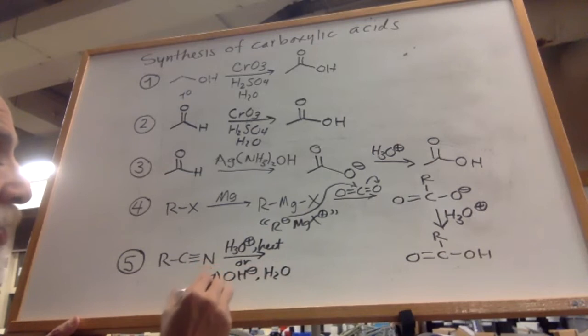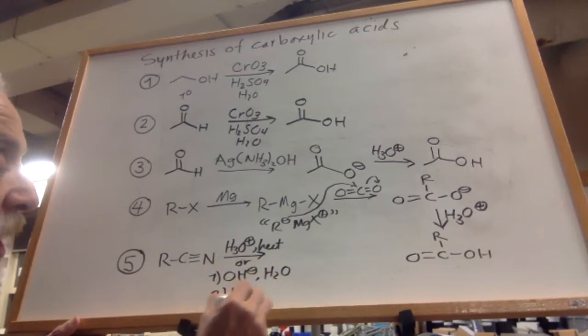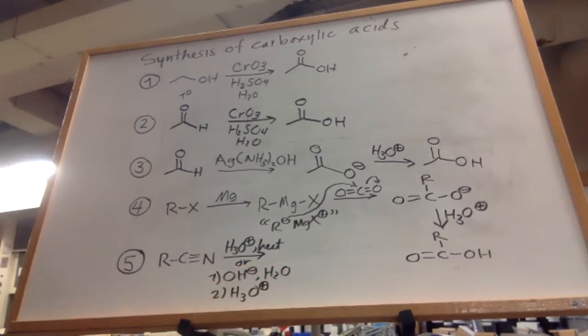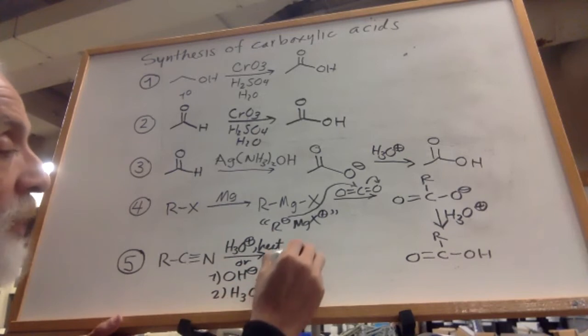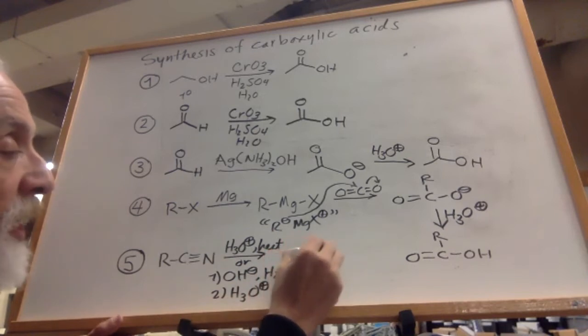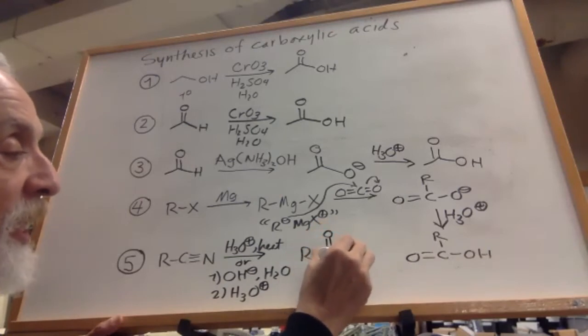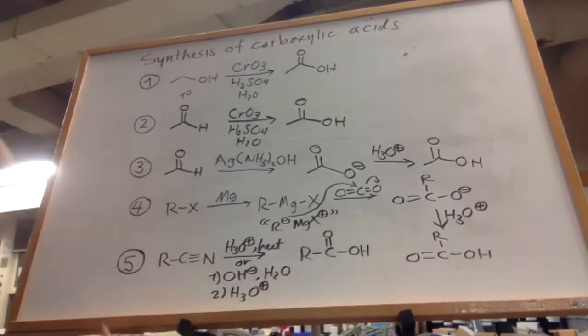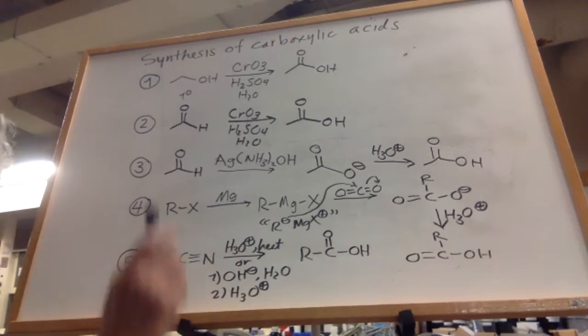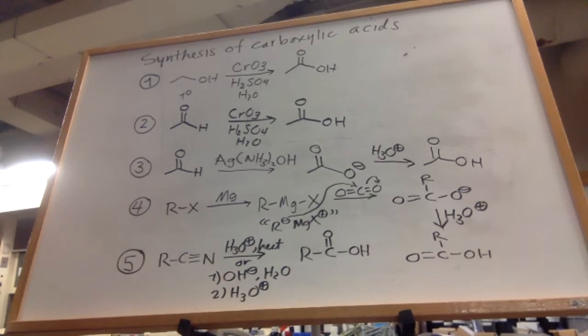That would be our first step, and then, because those are basic conditions, we would have another step with an aqueous workup. But here what we're going to get is the nitrile carbon is converted to the carboxylic acid carbon. So we have lots of methods for making a carboxylic acid. This is just a summary of the various methods.